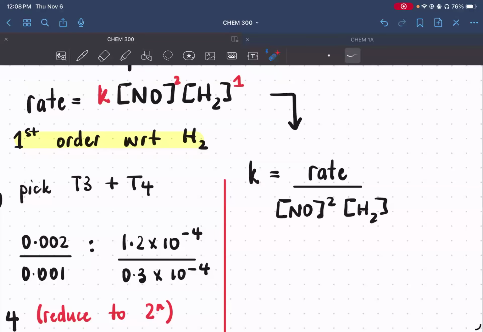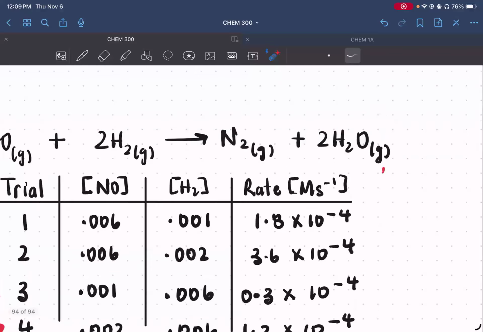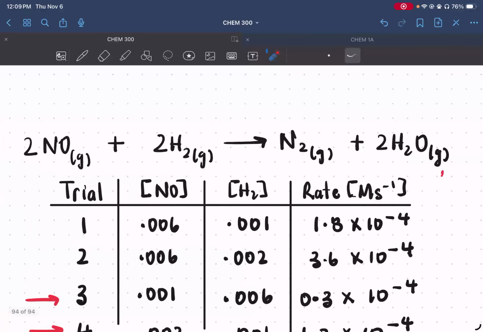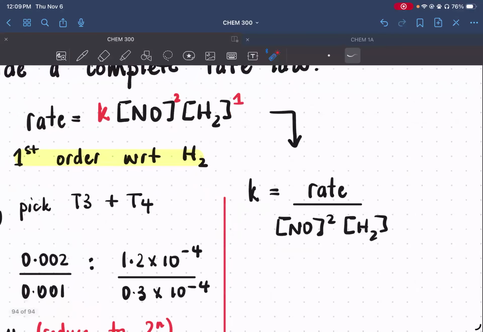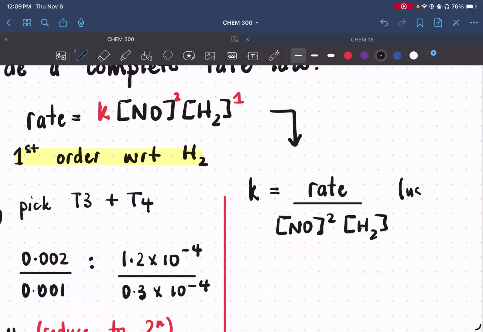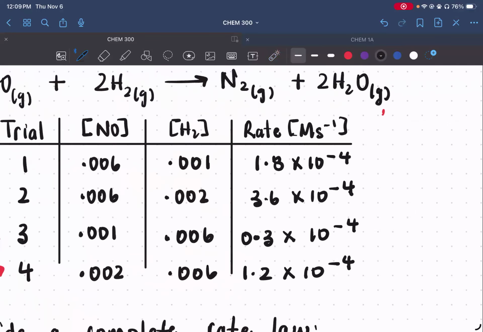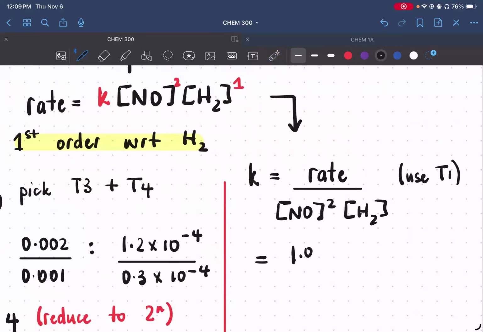And where will I get data or information about the rate and concentrations? We have 4 trials to pick from. And remember, it doesn't matter which trial you pick. The rate constant is the same for the reaction. So how about we just pick trial 1? The rate of trial 1 is 1.8 times 10 to the negative 4.